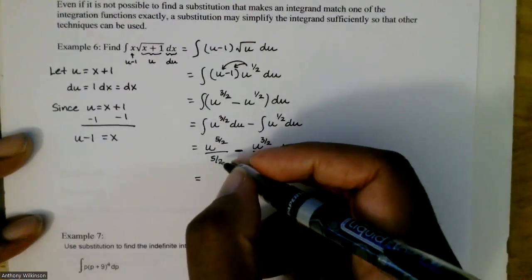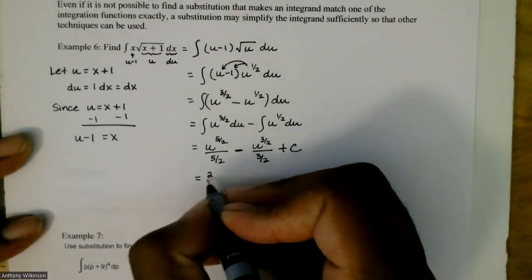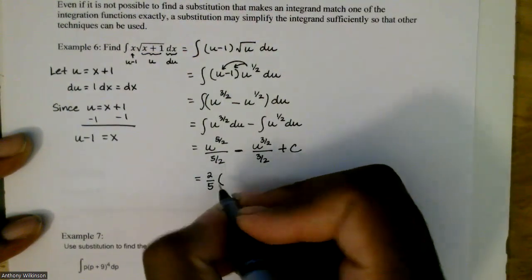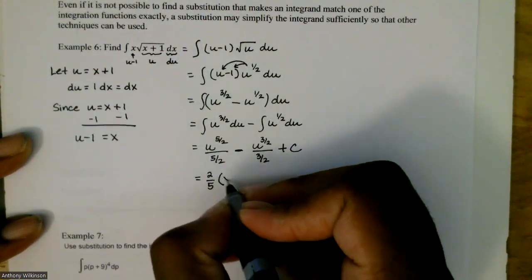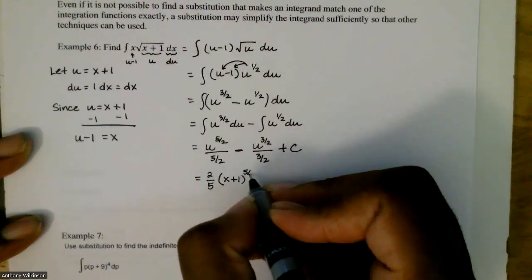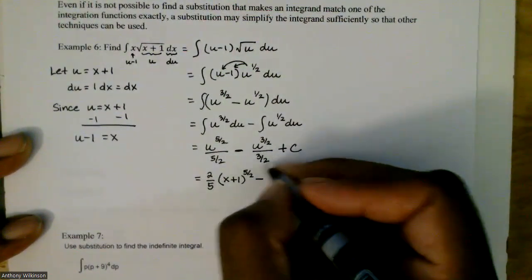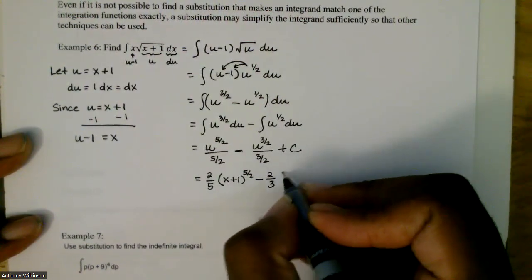Now, the reciprocal of 5/2 is 2/5. So I'm going to write that as 2/5 times my u was x plus 1. So I'm going to replace that u with the x plus 1, and that's raised to the 5/2, minus the reciprocal of 3/2, which will be 2/3 times the u.